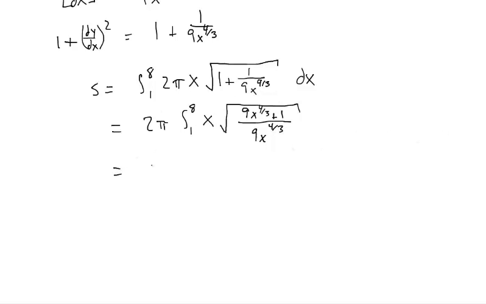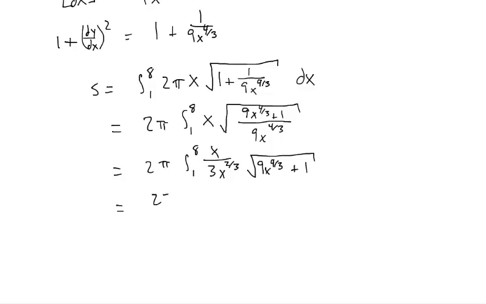So I have 2 pi times the integral from 1 to 8 of x over 3x to the 2/3 times the square root of 9x to the 4/3 plus 1. And now I can move the 3 that's in the denominator out with my constants.